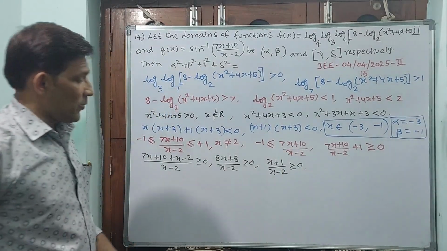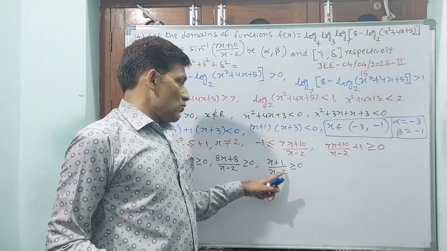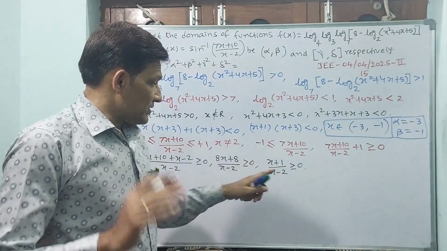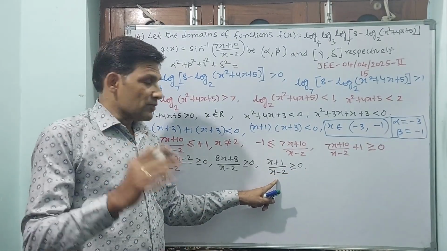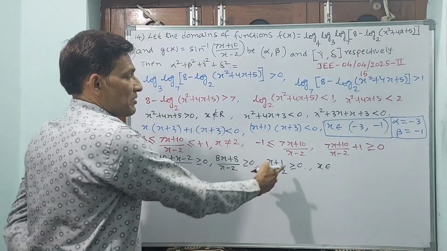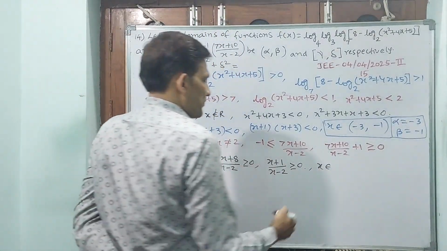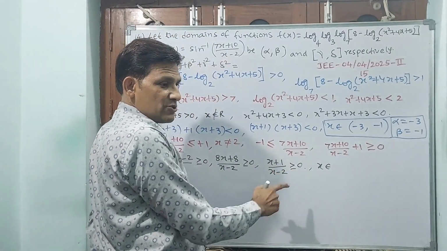Here also, x equal to minus 1 will come, and even though equal to is there, x equal to 2 we should not take. Keep that in mind. x belongs to, since it is greater than or equal to, minus 1 and 2 will come. Minus 1 is least, 2 is greatest.